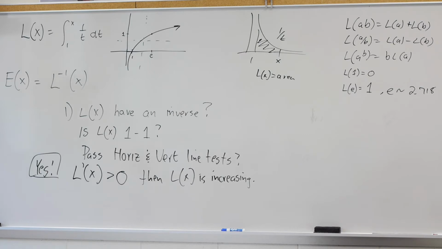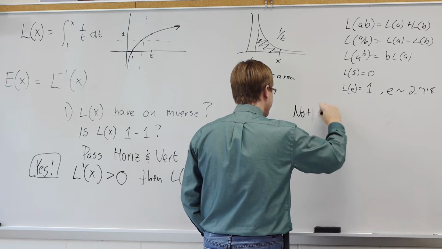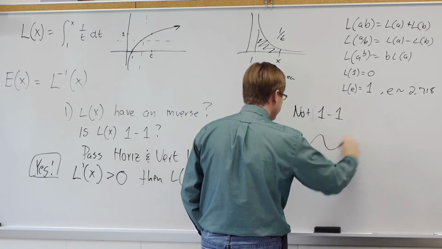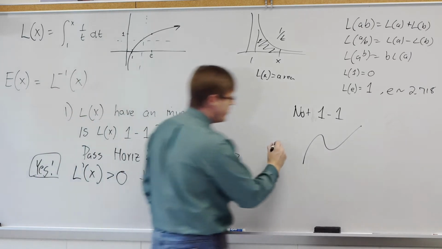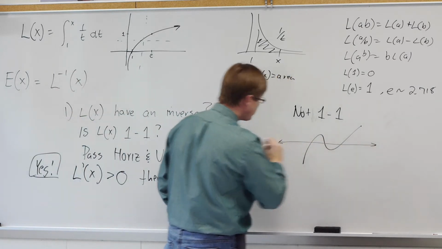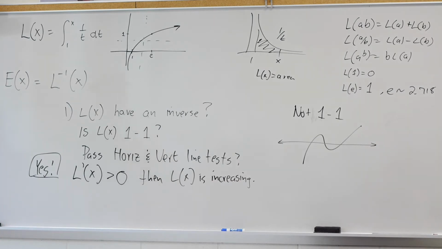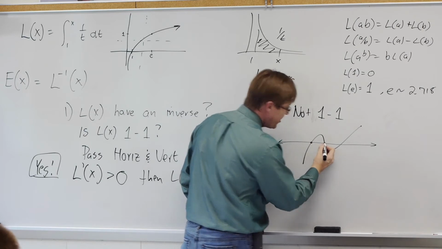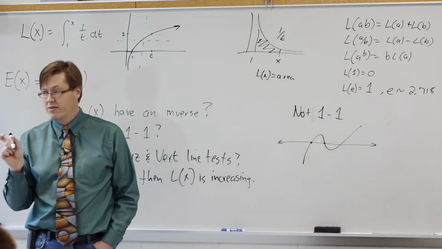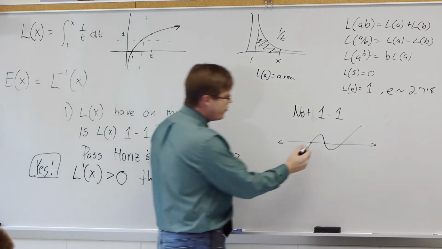Why? Because if it wasn't one-to-one, here's a function that's not one-to-one. It fails the horizontal line test. That function is not always increasing. In fact, specifically, if a function fails the horizontal line test, there have to be 2 points where a horizontal line goes through it. And what do we know from Rolle's theorem?